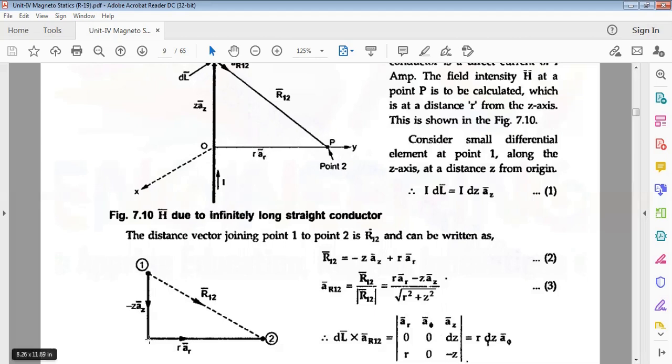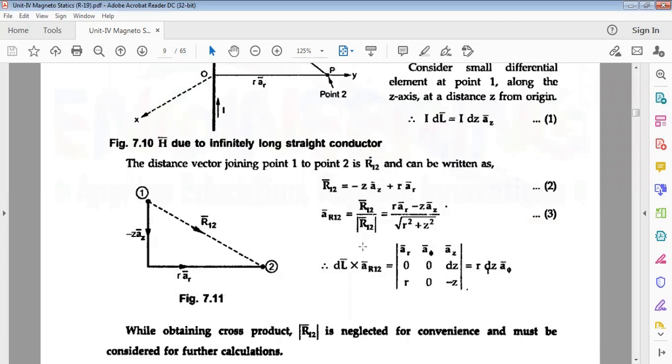So minus z az bar and r into AR bar, towards the point Q. So R12 bar is equal to the two components: minus z into az bar plus r into AR bar. And the unit vector AR12 bar is R12 bar by the magnitude of R12. The magnitude is the square root of the sum of squares of the az and ar coefficients, r squared plus z squared, so it is r into AR bar minus z into az bar over that.